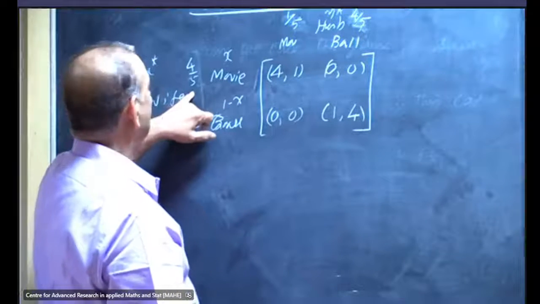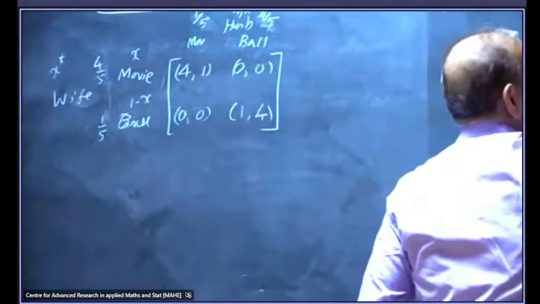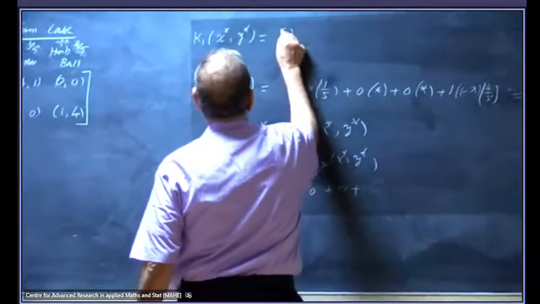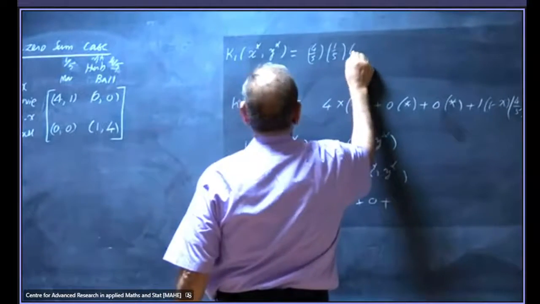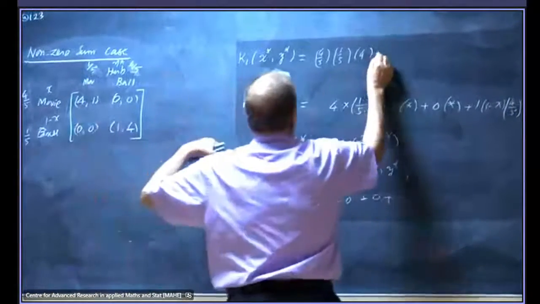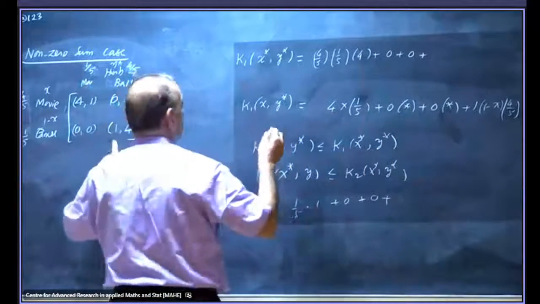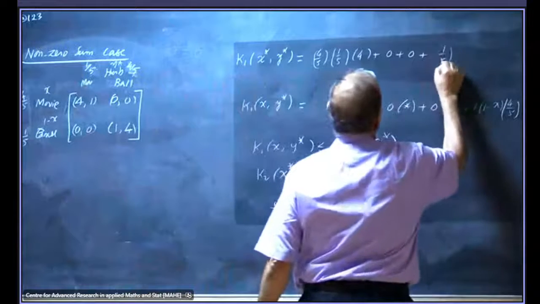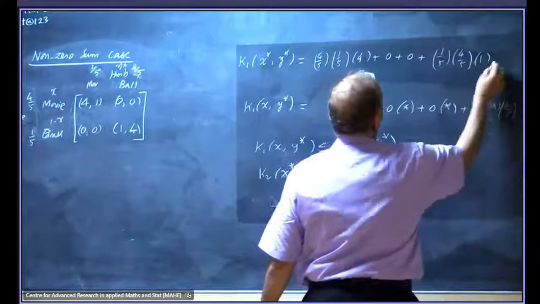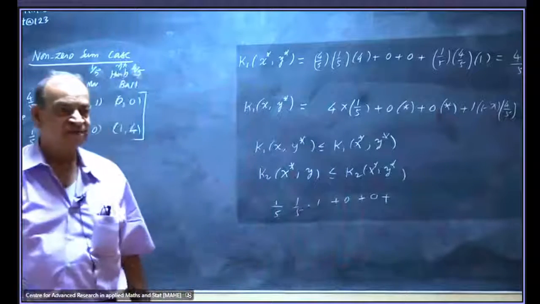So it is 4/5 times 1/5 times 4, plus the other things, 2 zeros, plus 1/5 times 4/5 times 1, which is 4/5. Agree? Which is 4/5.